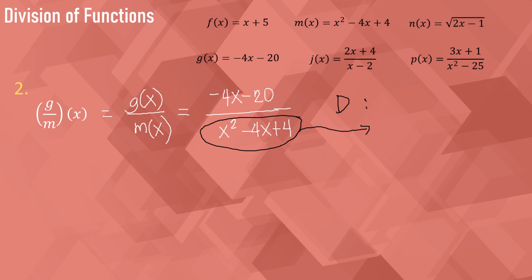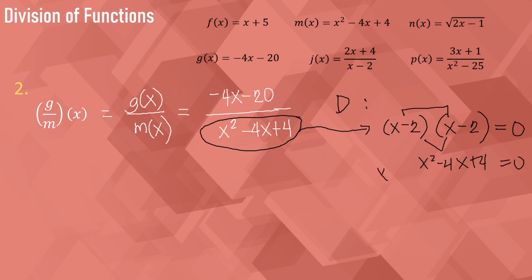Just a while ago, we already know that it can be x minus 2 times x minus 2, is equal to 0, because this is actually x squared minus 4x plus 4. So what will make that 0? We see that the two factors are the same. So it is x equal to 2 that will make the denominator equal to 0. Therefore, the domain is the set of all real numbers less than 2 union all real numbers greater than 2. We just remove x equal to 2.